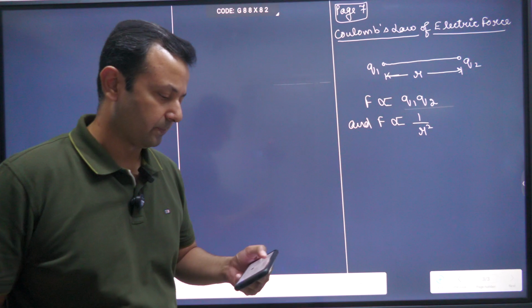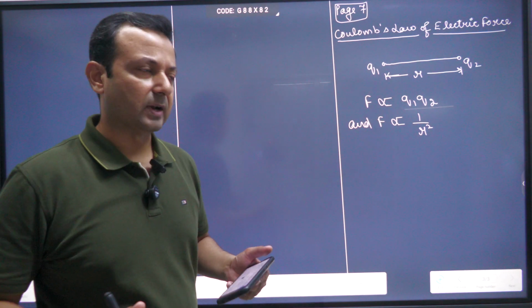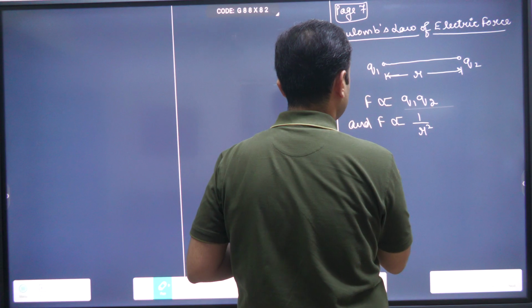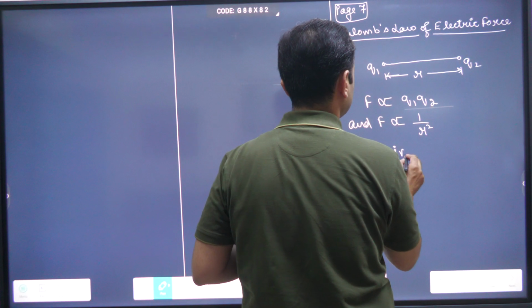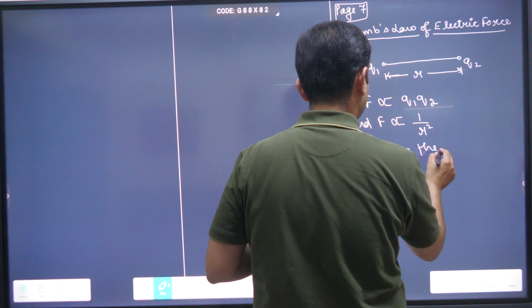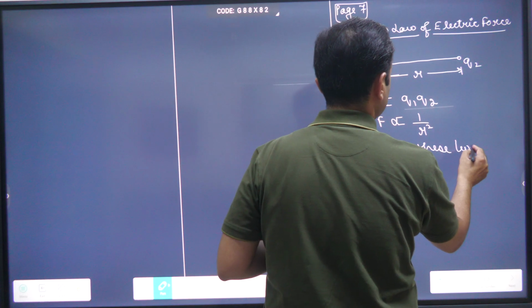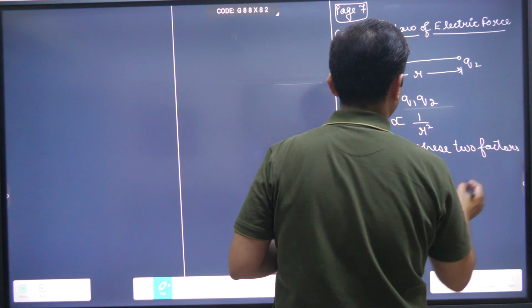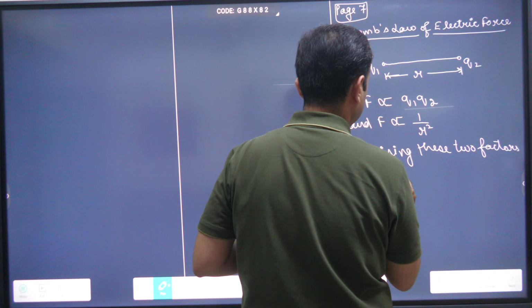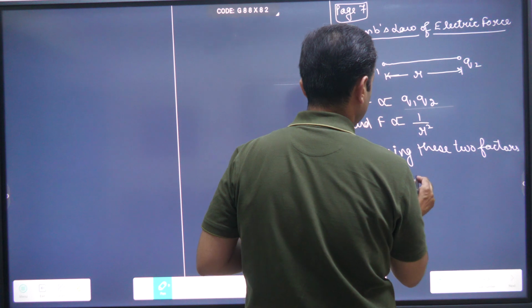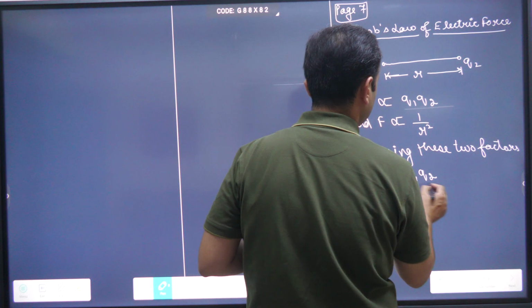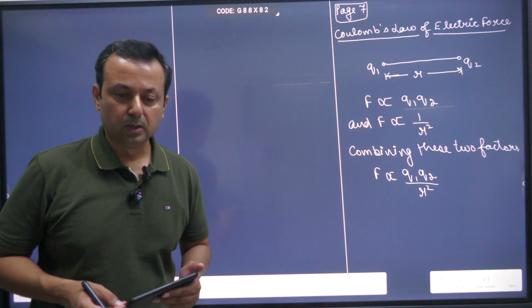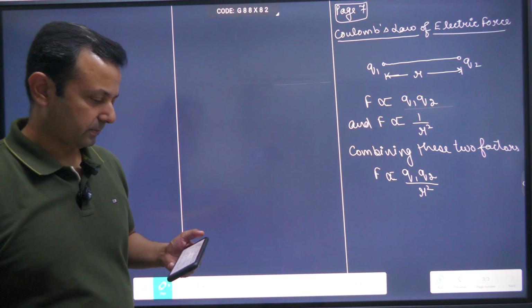If we combine both these factors, F is directly proportional to Q1 Q2 upon R square.